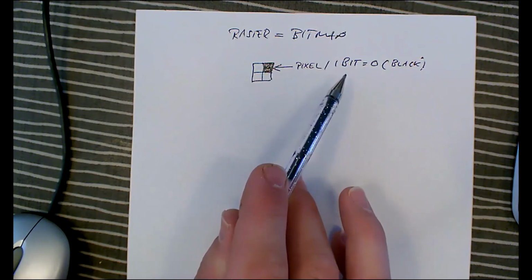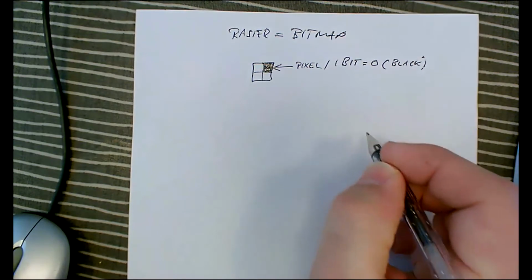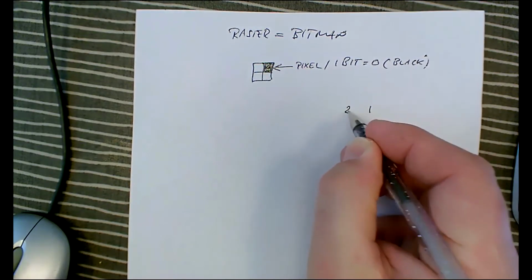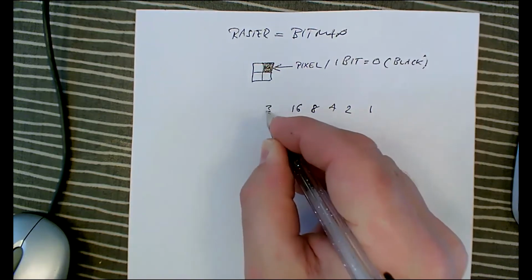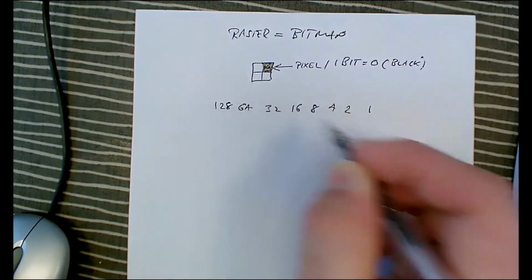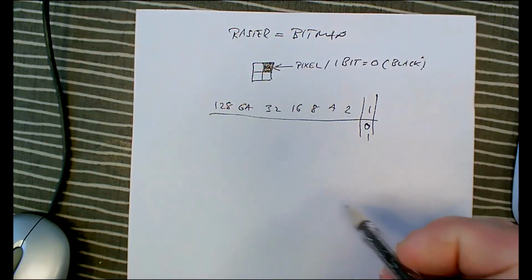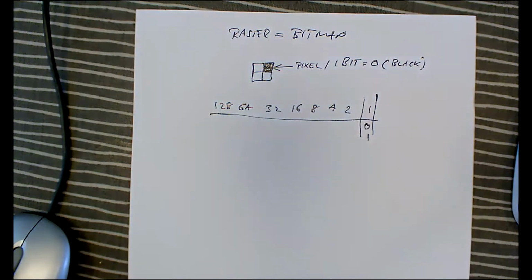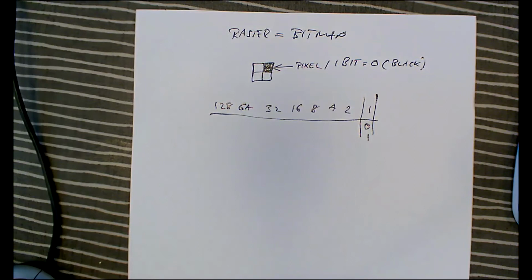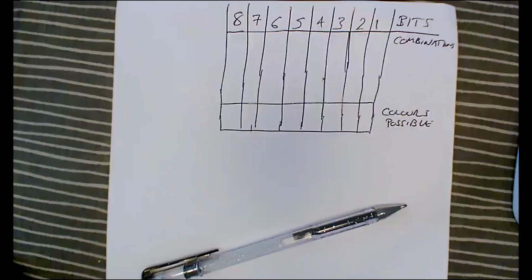If we think about 1, 2, 4, 8, 16, 32, 64, 128, if we think about 1 bit, that's either 0 or 1. And programmers over the years have allocated colors to bit depth and combinations of bits and numbers as well. So if you wanted a shade of pink, that has its own particular binary code. Okay, so that's a little bit of an introduction to that.